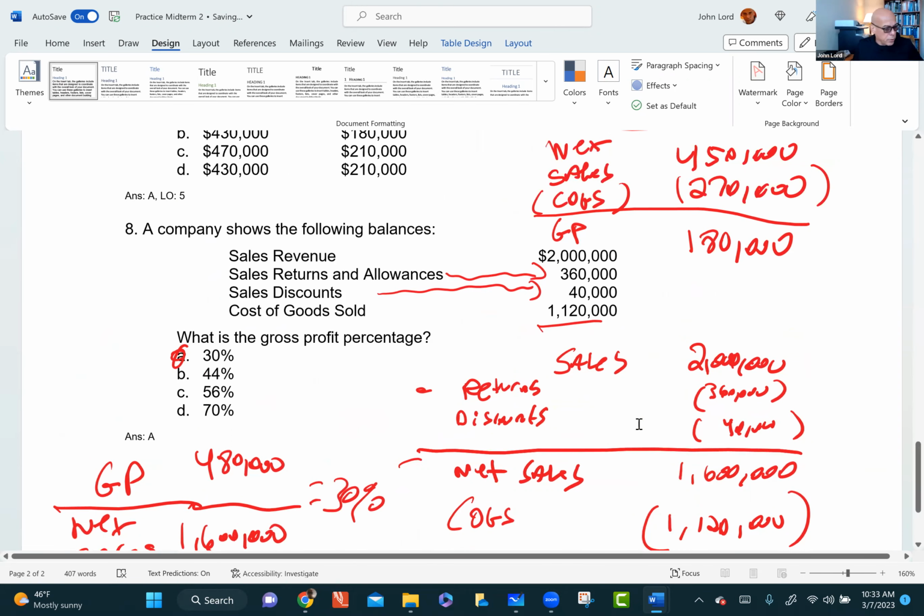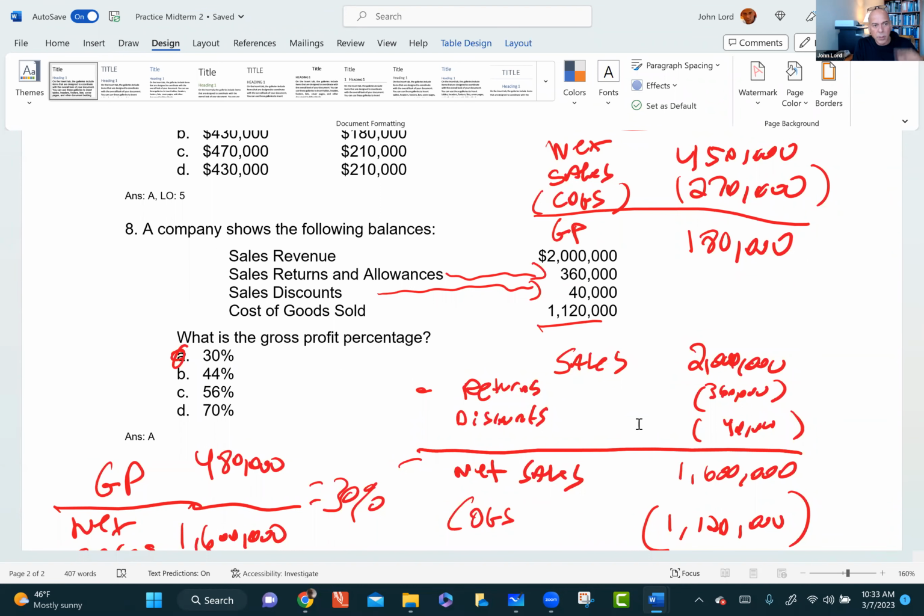Okay, here's what we're going to do, because I feel like I'm talking to myself. I'm going to let you work that second practice midterm 2 that's sitting up there in Canvas. Work that on your own. If there are questions on any of those, we will cover those during our session on Thursday.